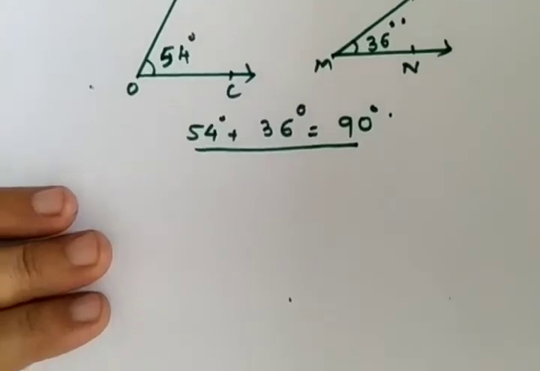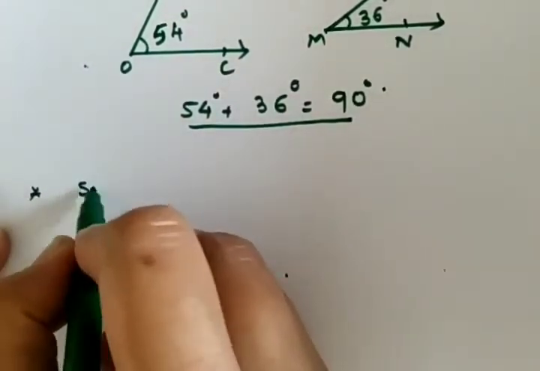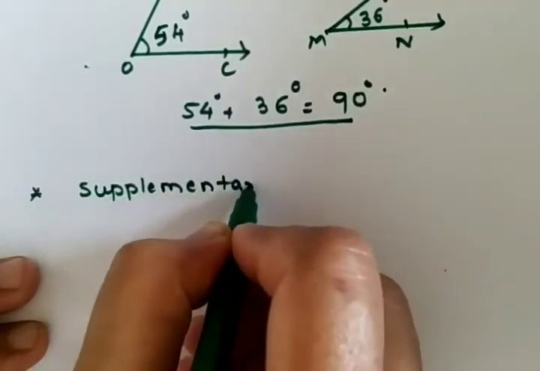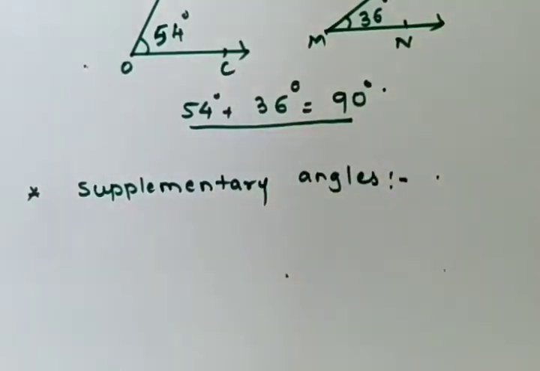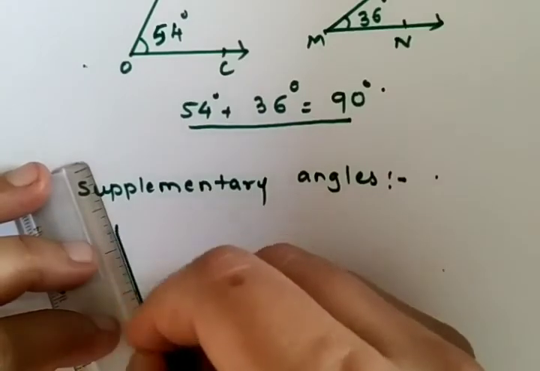Now I'll show the next type of pair of angles, after complementary, obviously supplementary angles, right? Which angles are said to be supplementary angles? Two angles are said to be supplementary if the sum of their measures is 180 degrees. I'll draw a figure for you.